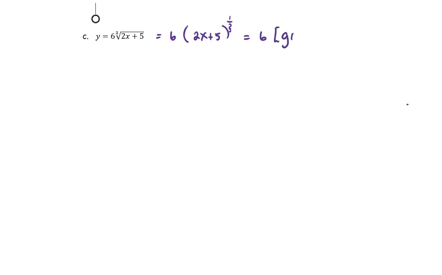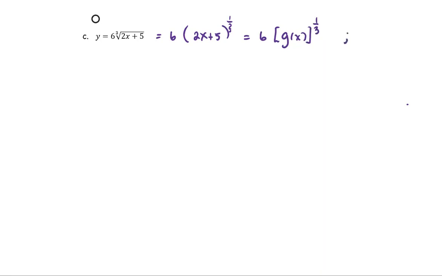The next one, y is in the form of 6 multiplied by the cube root of the quantity 2x plus 5. The cube root is the same as the power 1 over 3. When you write it in the power form, you can treat it as 6 multiplied by the function g raised to the power 1 over 3.